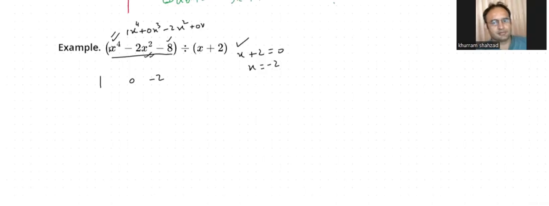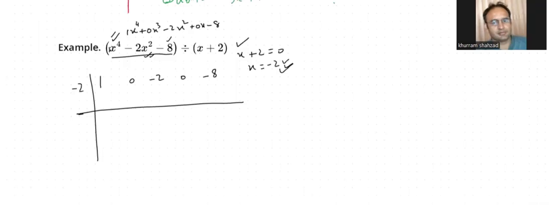So the coefficient of x is 0. And at the end, we will write the constant term, the term which is without x, which is -8. So again, we will make this kind of arrangement, and this -2, we will write here.